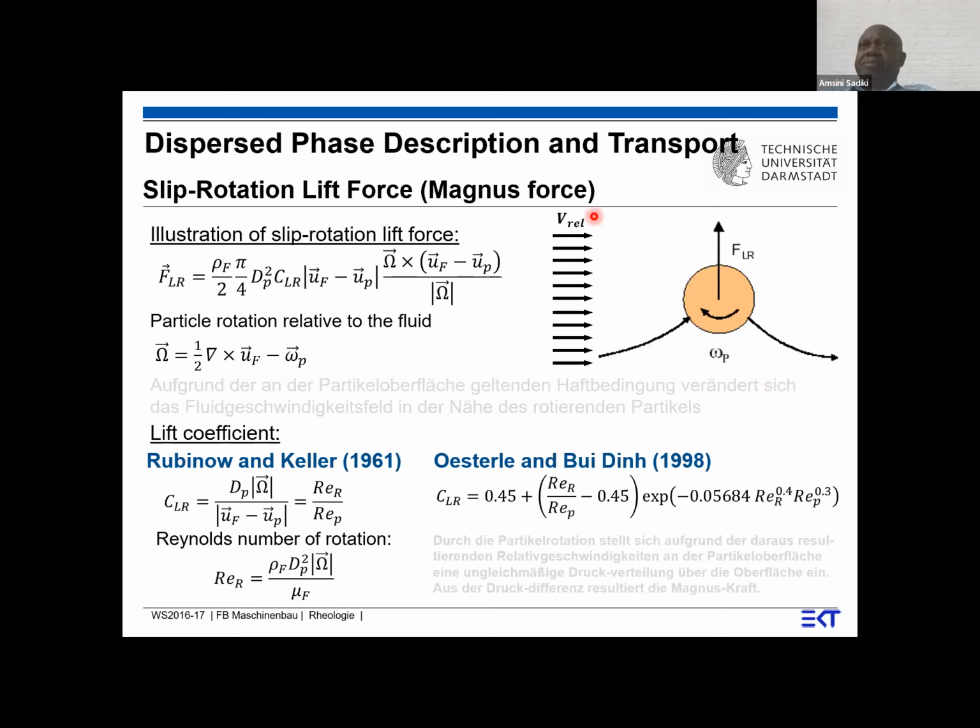So we have the flow, and we have our particle, which is rotating. Due to this rotation and this interaction, this leads to a force which is orthogonal also to this. And we have the rotation velocity. It is a constant rotation velocity of the particle.